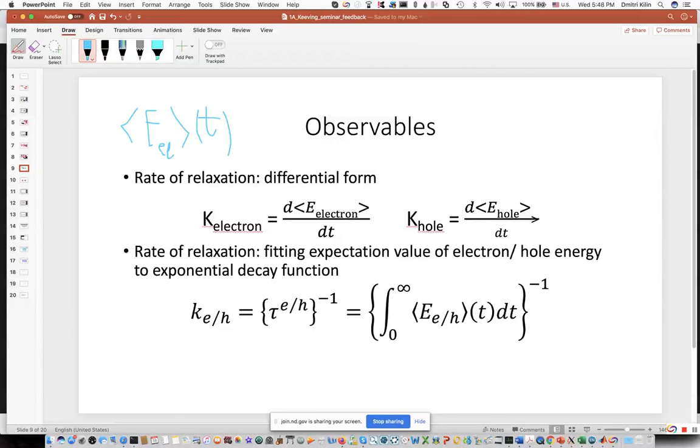So we do need a connection between the density operator and the density matrix, which is the main outcome of your simulation. And then from the density matrix, we need to show how the expectation value of electronic energy is computed. All right. I'll definitely make a note of that.